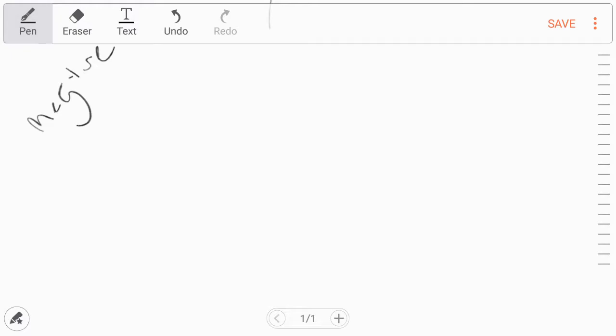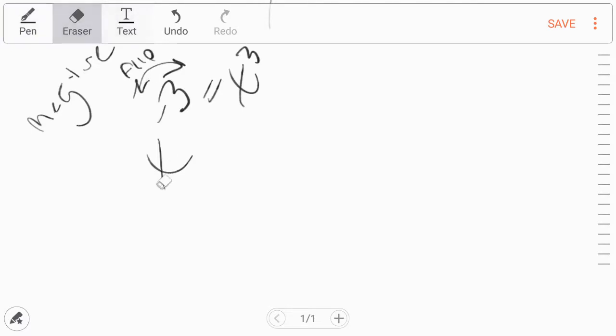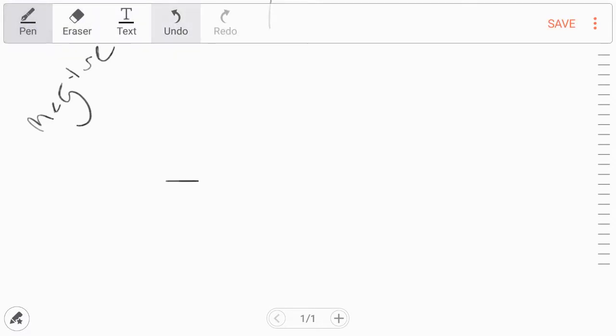So if I had x to the negative third, it would just equal x to the third because you would just flip the signs.